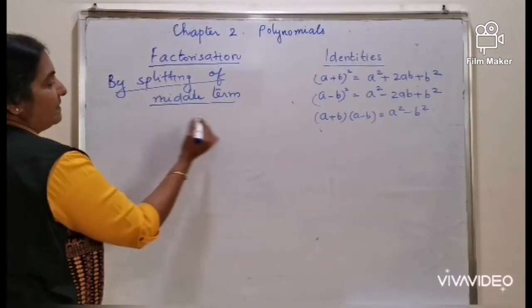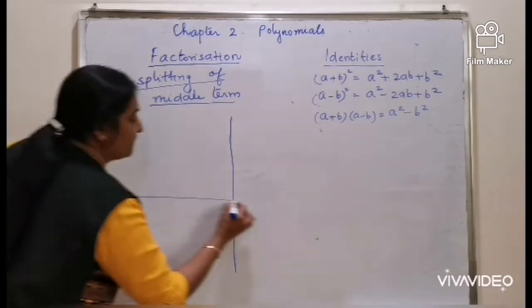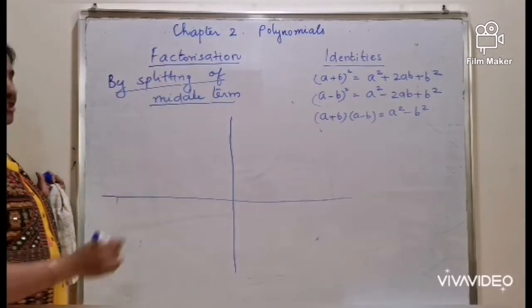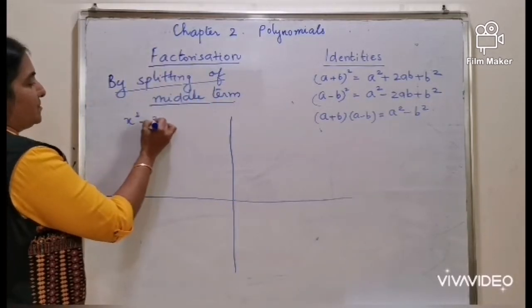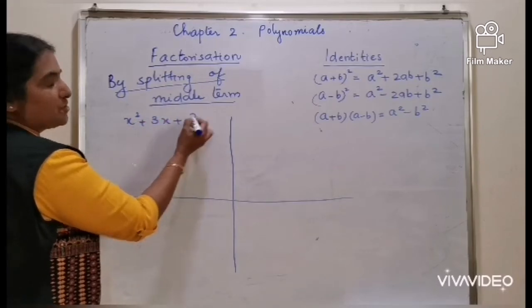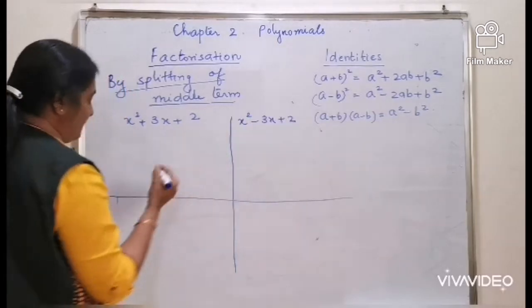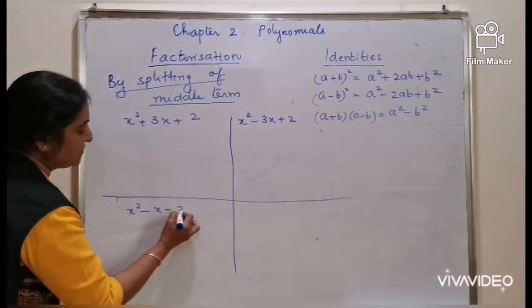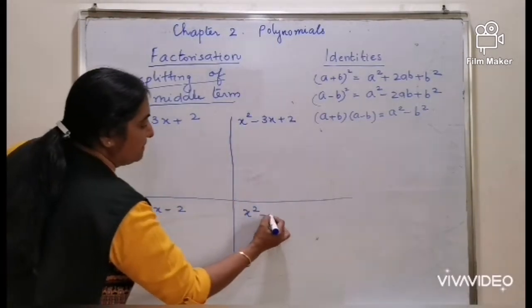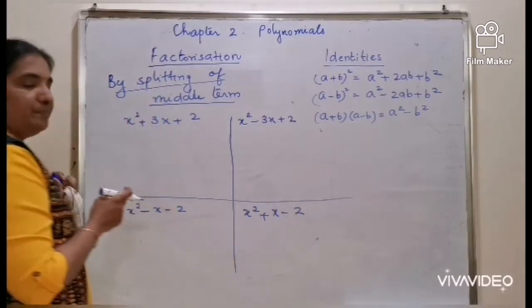Imagine the 4 cases of factorization: x square plus 3x plus 2, x square minus 3x plus 2, x square minus x minus 2, x square plus x minus 2.